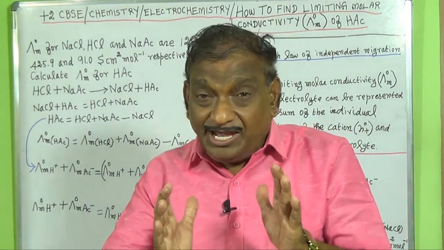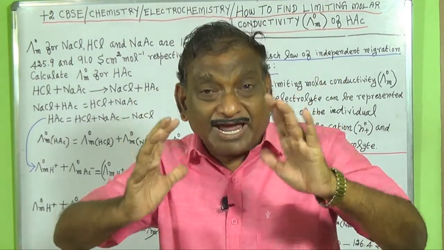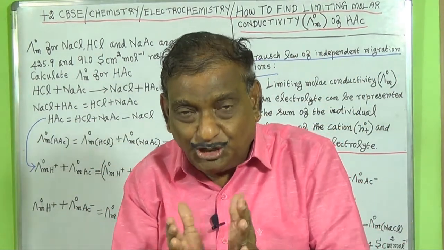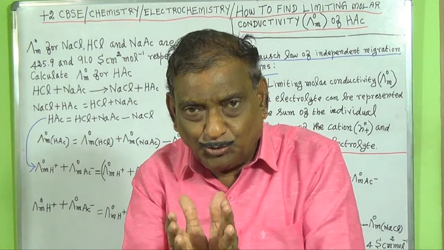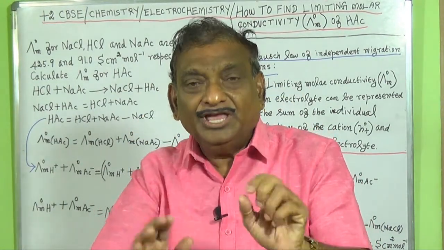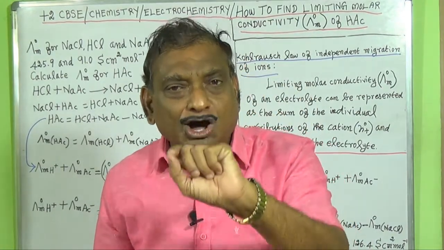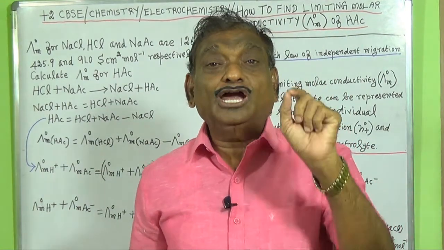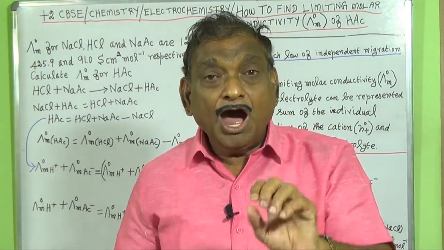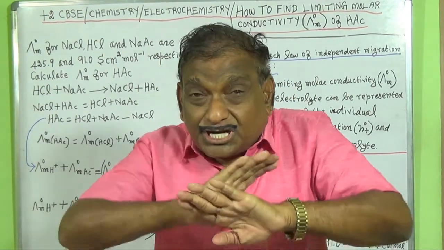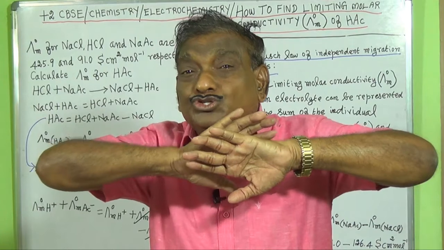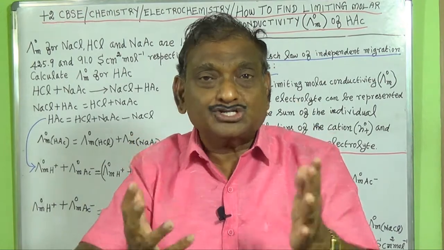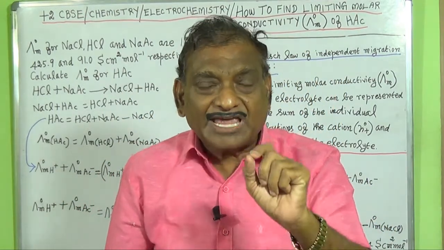What is an electrolyte? An electrolyte is a substance that, when dissolved in water, splits into its constituent ions, that is cations and anions. What is a strong electrolyte? A strong electrolyte is a solute that completely or almost completely ionizes or dissociates into its constituent ions, that is cations and anions.